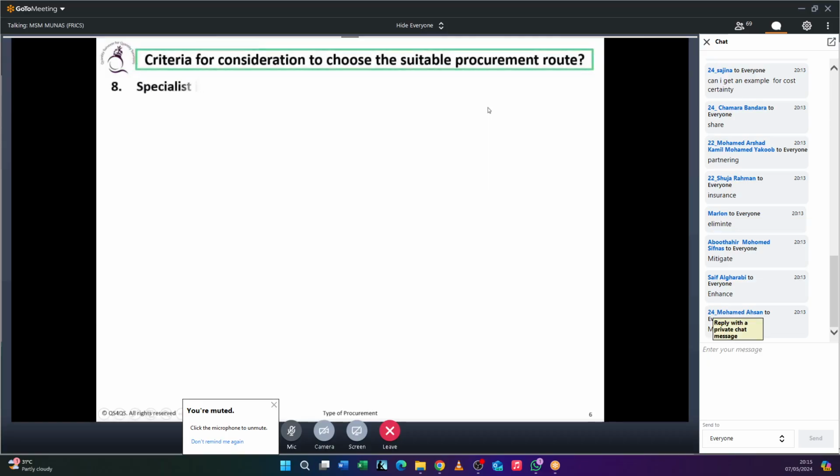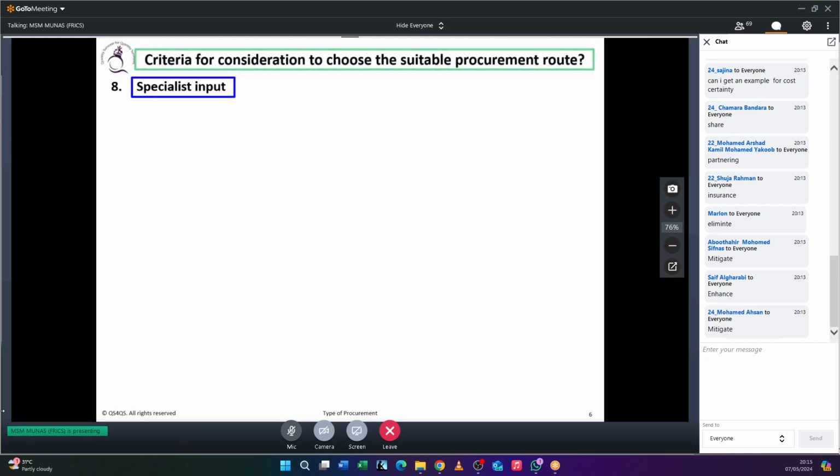Then specialist input. Can we bring an inexperienced contractor to do an oil and gas project, say some repair work, who never knew health and safety practices in an oil and gas project?